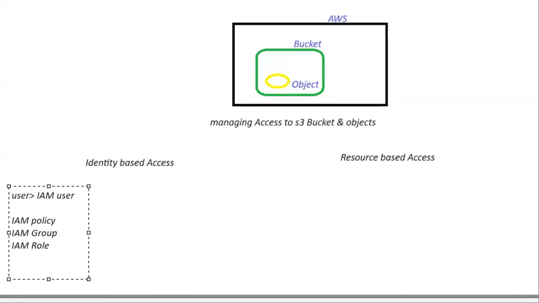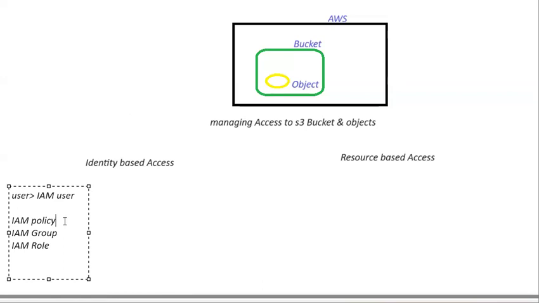Then this Ajay can use all the resources. That is, he can access the AWS S3 bucket. So these are the three ways, by using the user's identity, we can provide access to our bucket or object.